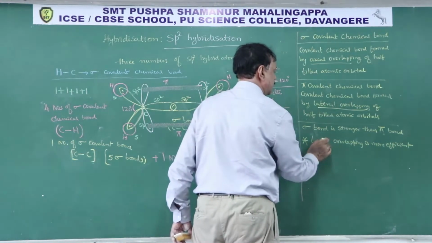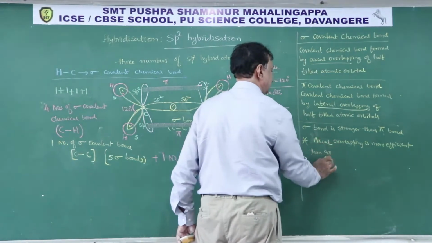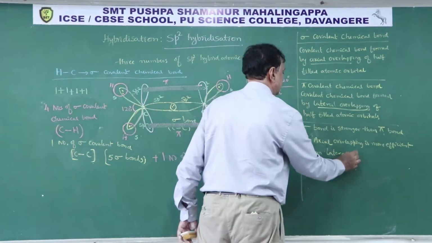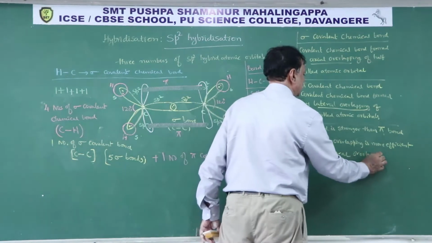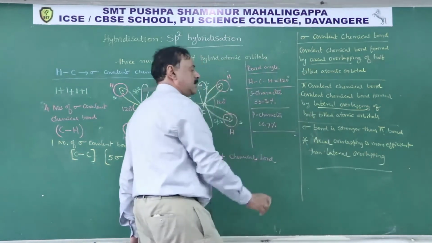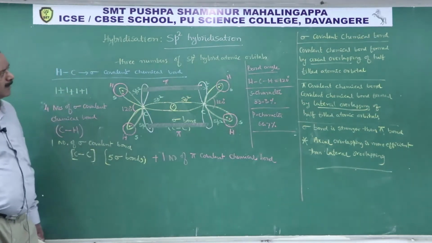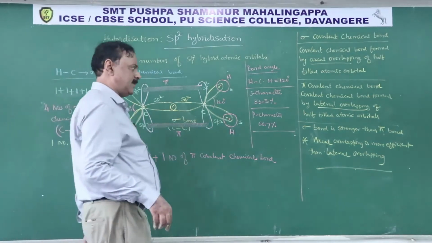Axial overlapping is more efficient than lateral overlapping, or lateral overlapping is less efficient than axial overlapping.